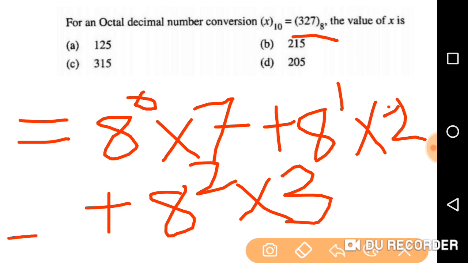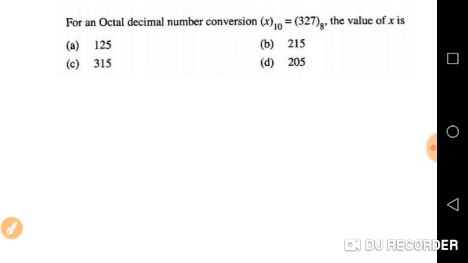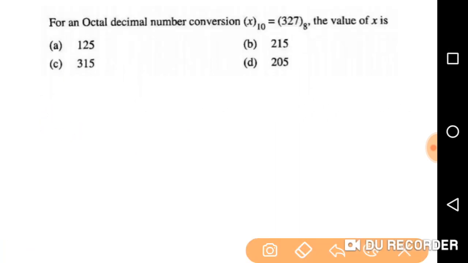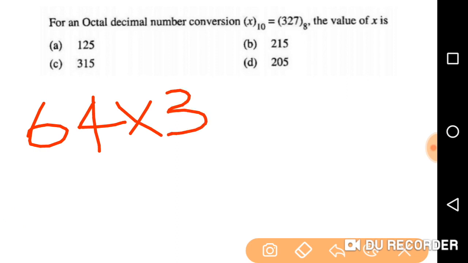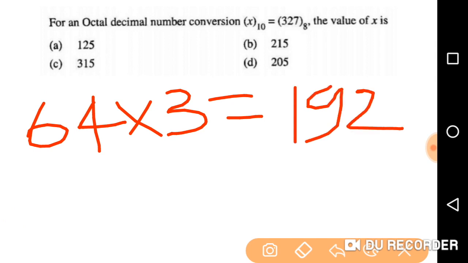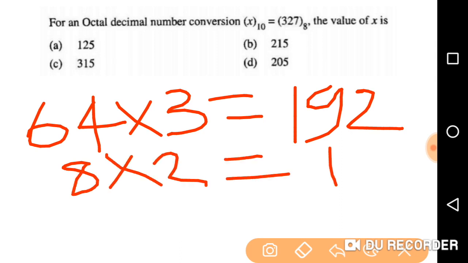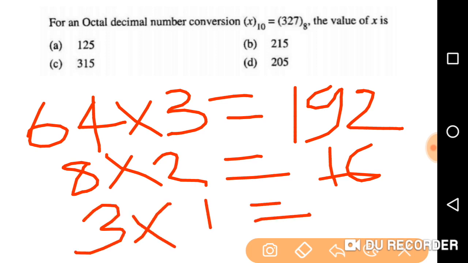So after calculating this, 8 squared is 64, and 64 multiplied by 3 equals 192. Then 8 multiplied by 2 is 16, and the remaining 3 multiplied by 1 equals 3.